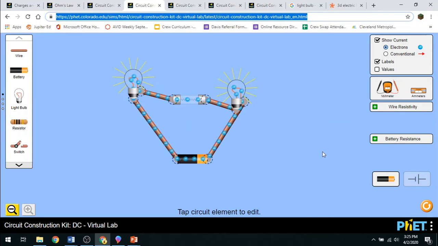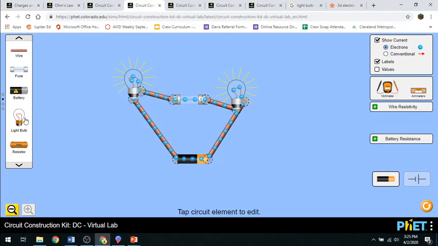Okay, there's another thing that's used in houses and lots of electrical devices, and that's called a fuse, which I found over here on the left-hand side. So a fuse is a special sort of device that will melt or break the circuit if the current in it becomes too high.